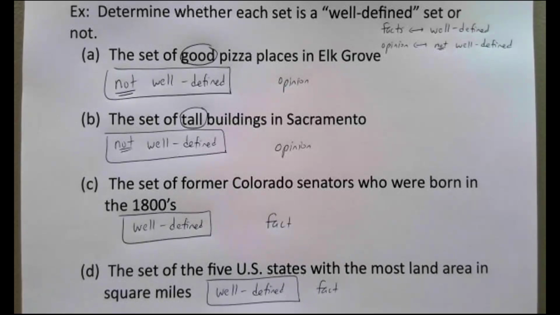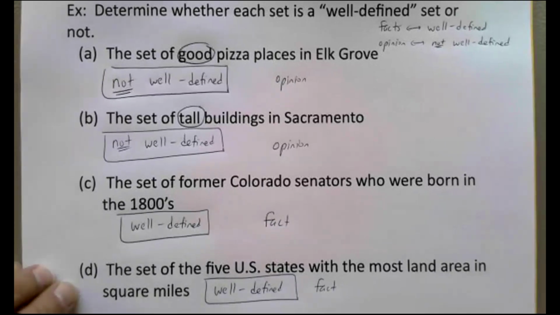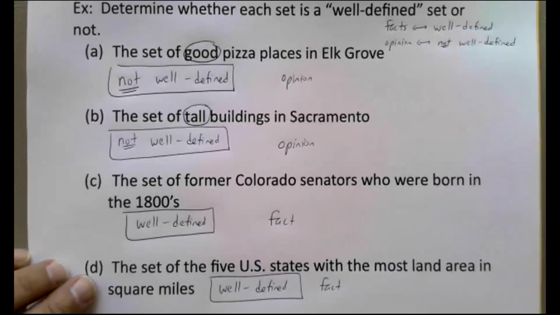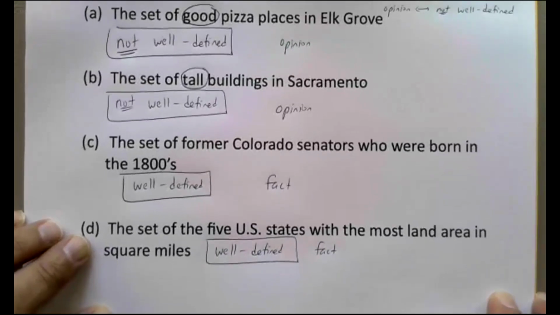It's just based on fact. What are the five states in the United States that are the biggest as far as land area goes? That's a factual thing. That is a well-defined set. If we did it correctly, we would all have the same answer, the same five states in the set if we did our research, right?